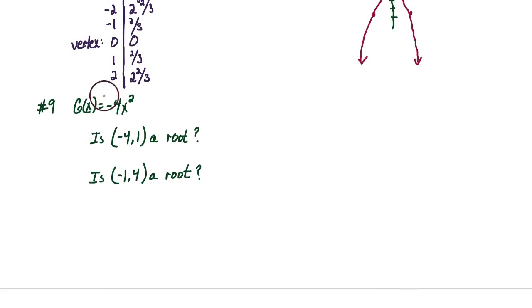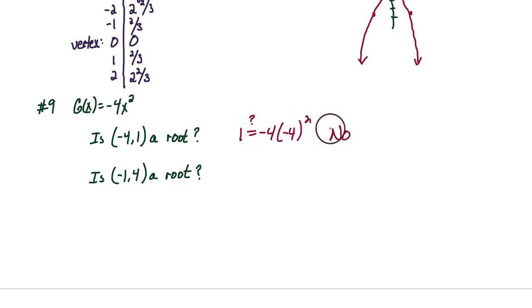Next, number 9, g of x equals negative 4 times x squared. Is this ordered pair a solution or a root of that? Well, let's find out. Let's replace g of x with 1. When we replace x with negative 4, does negative 4 times negative 4 squared make 1?